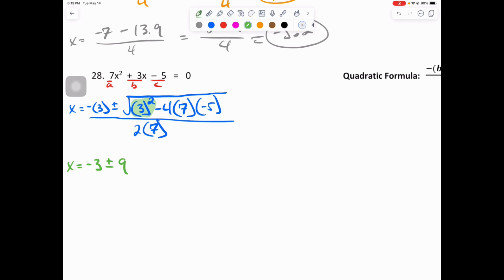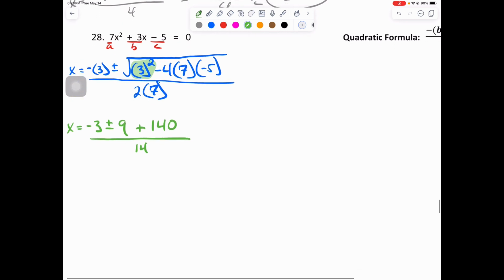That will give you 140. So plus 140. All right, we will take that and we will put it over, yes, 2 times 7, which is 14. All right, from here, we have to condense it just a little bit.